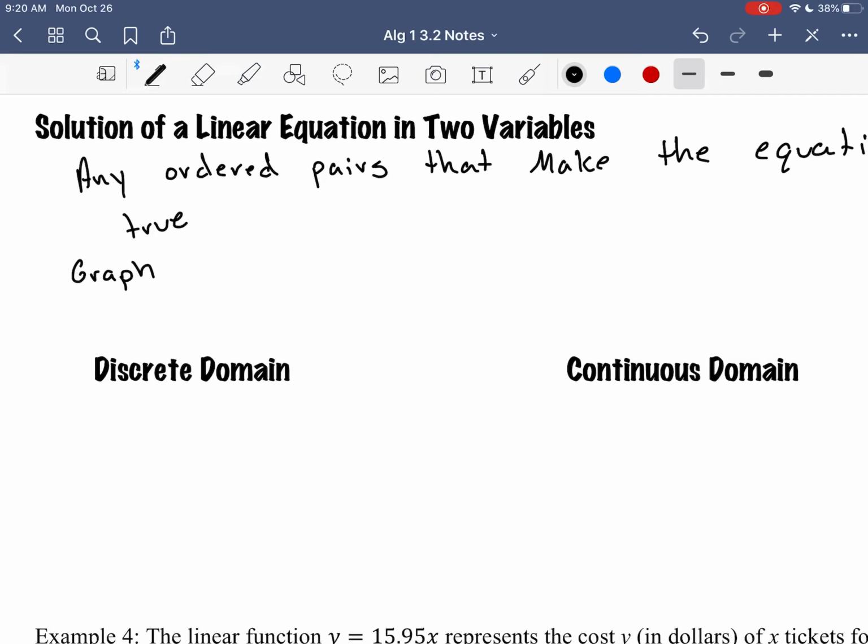The graph of a linear function is the set of points that represent all of the solutions.